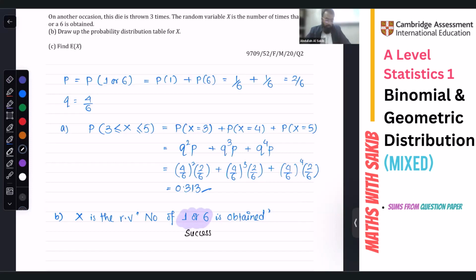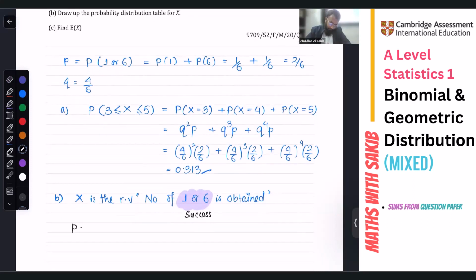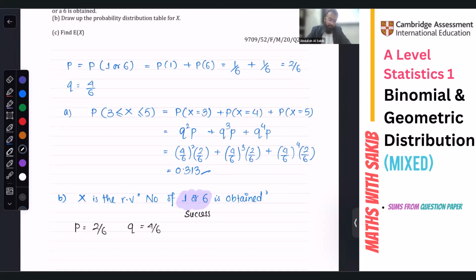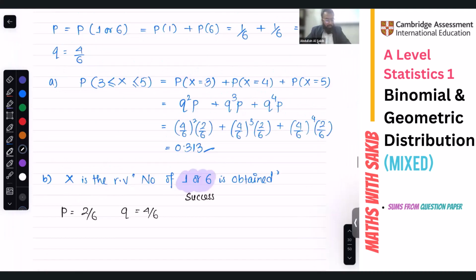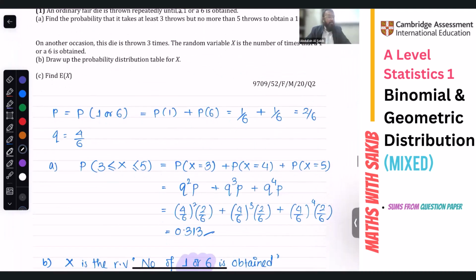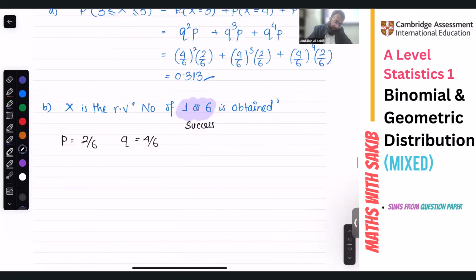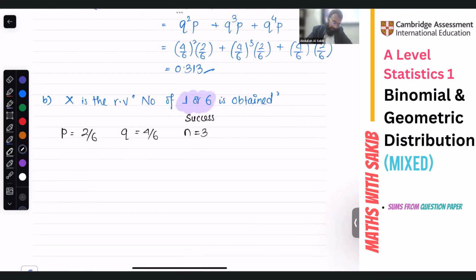Clear? So what is the probability of success? 2 by 6. What is the probability of failure? 4 by 6. How many times was the die thrown? 3 times. So n equal to 3.